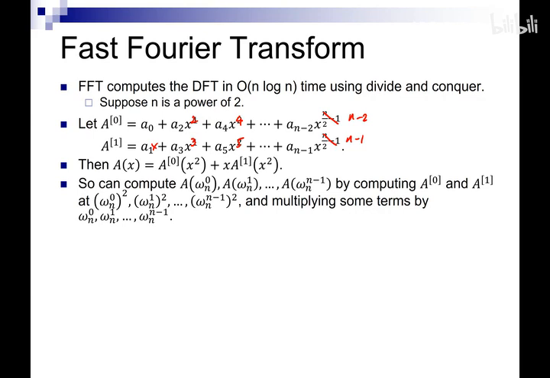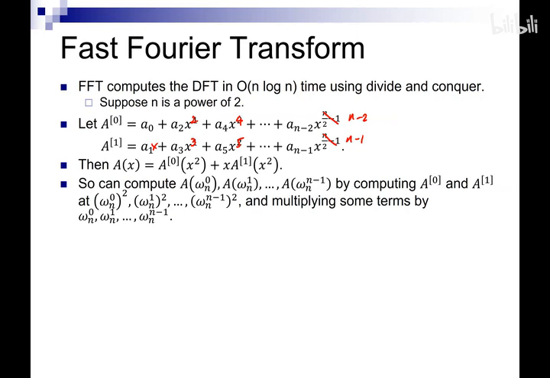Now our goal was to compute A at these nth roots of unity. And so what we can do, instead of computing A at these nth roots of unity, is take all of these input values, these different roots of unity, and square them, and then plug them into A0 and A1.